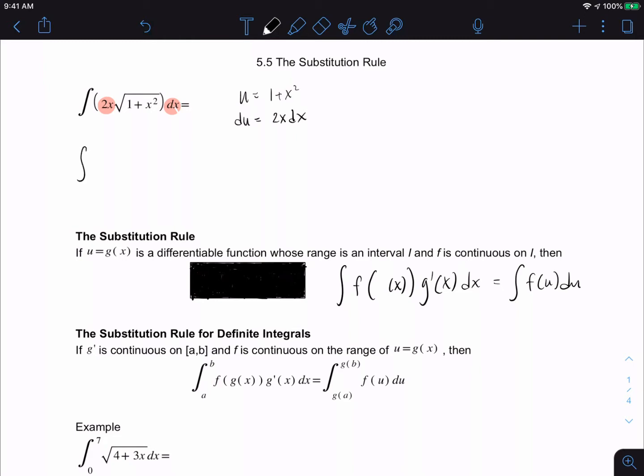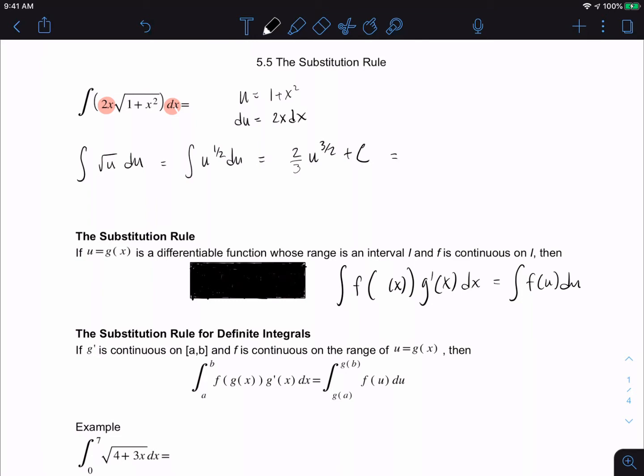So now my integral is going to be the integral of the square root of u du. This is exactly the same thing as the problem that we have, in terms of u. So when I take the integral of this, it's really going to be u to the 1/2 du. And when I take the integral, I'm going to get 2/3 u to the 3/2 plus c, and that's because it's an indefinite integral.